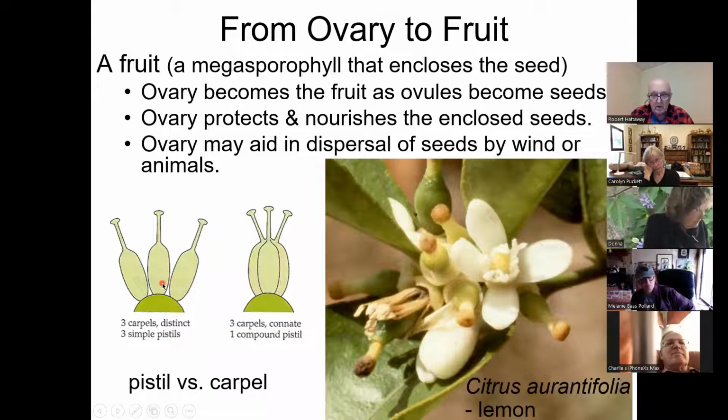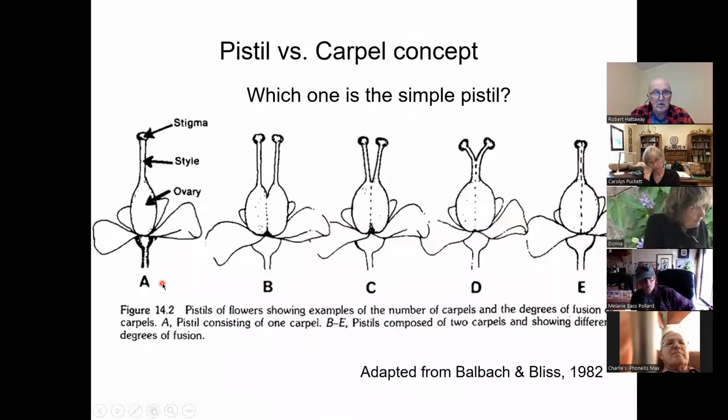Over here, they're not. Now, if you look here, we have 1 pistil with 2 partitions, 2 carpels, and then there's a partial separation and greater separation, and finally it's almost totally separated over here. But if you just look at this leftmost one at A, you don't know what's inside it. You don't know if that's a simple or a compound pistil.